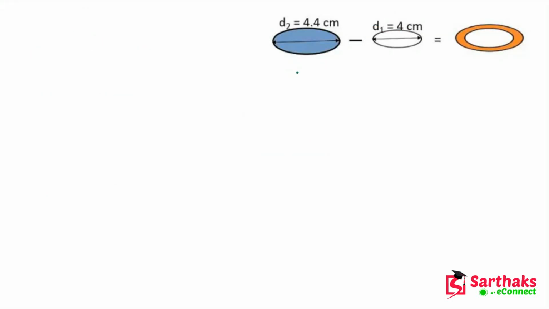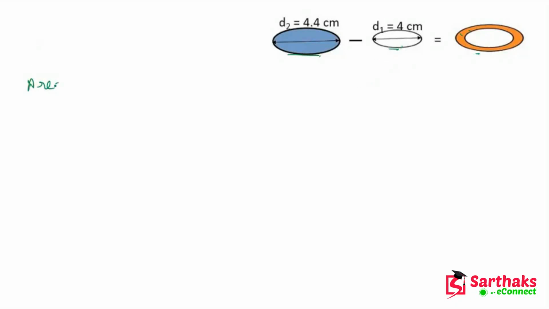Now we have to find the area of base. How can we find it? This is the outer circular base and this is the inner circular base. If we subtract the inner circular base from the outer circular base, we get the area of base: area of circle with radius 2.2 centimeter minus area of circle with radius 2 centimeter.